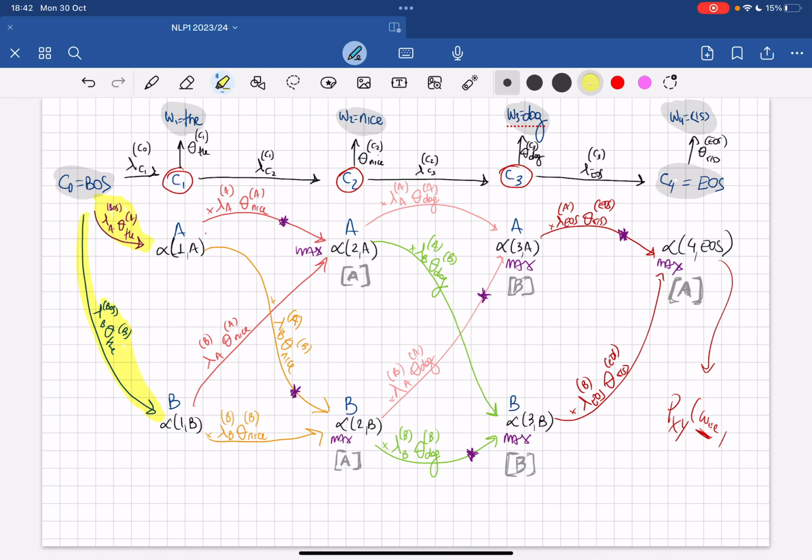So I'm going to show you, we can do a backward pass and obtain that sequence in reverse. Actually, I'm going to do it a little cleaner.